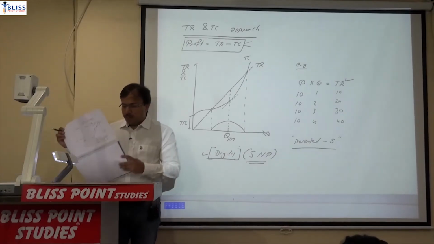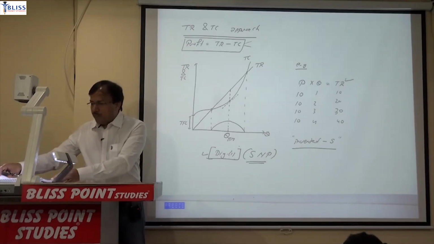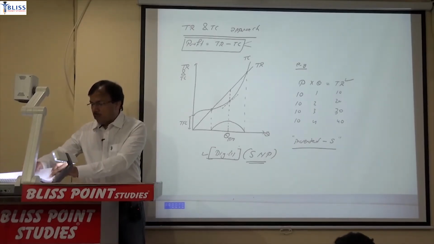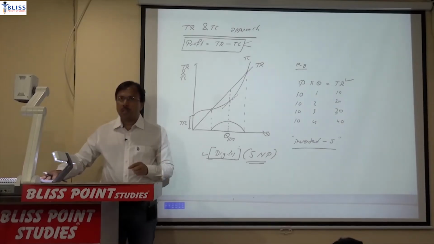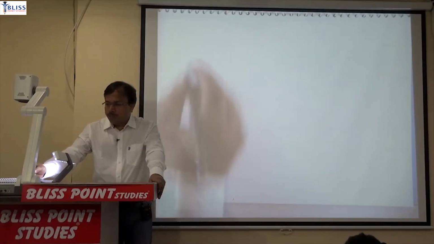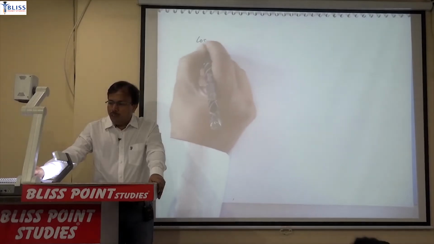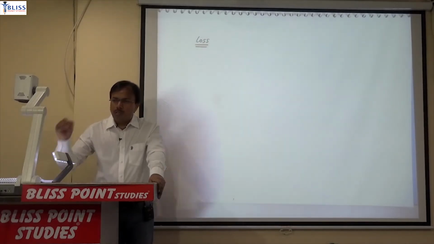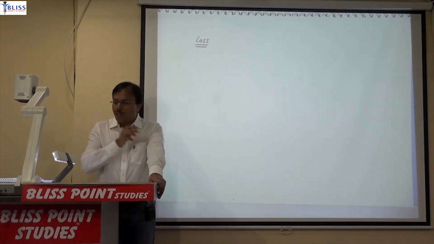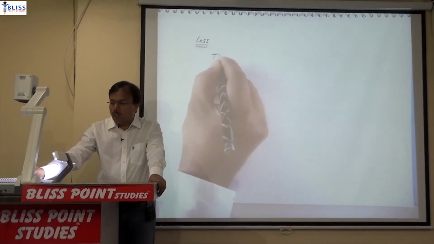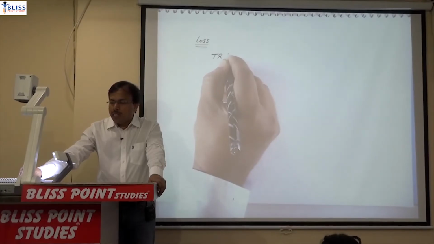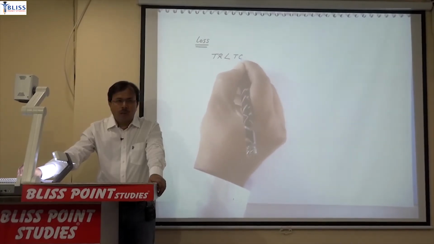Now remember, there can be a profit condition, or a loss condition, or a condition of normal profit also. So explain the second condition now. The second condition is for loss. When will there be loss? There will be loss only when total revenue is less than total cost.